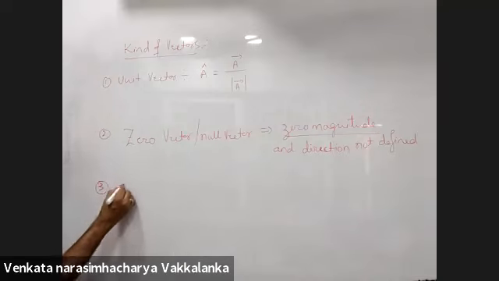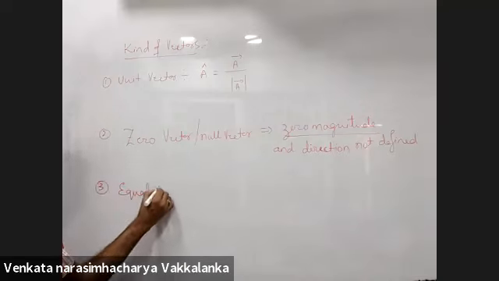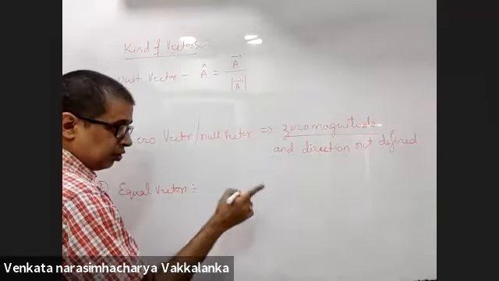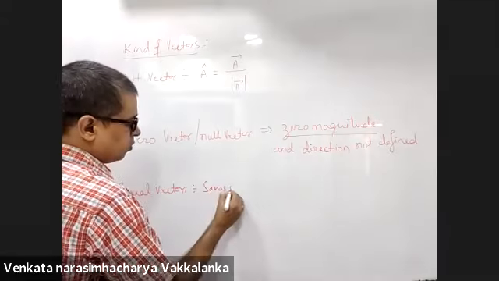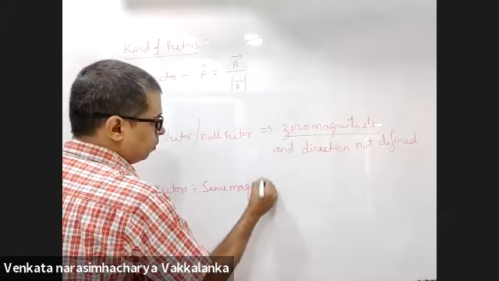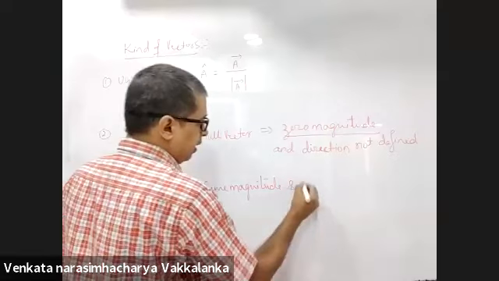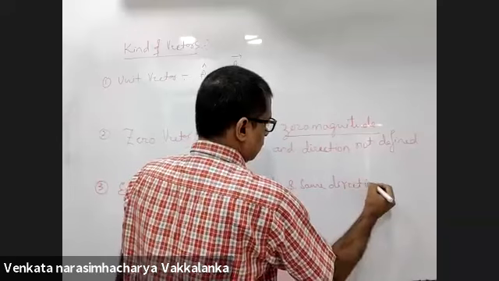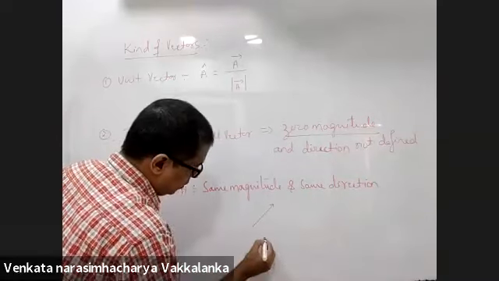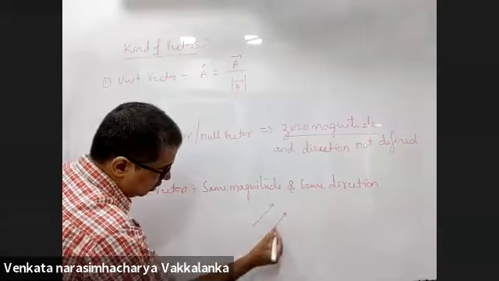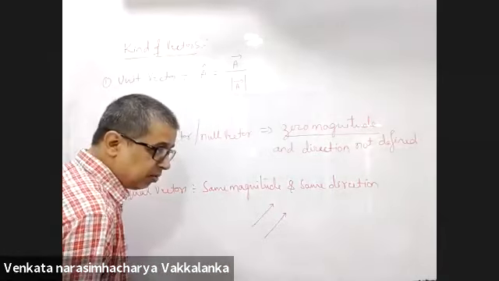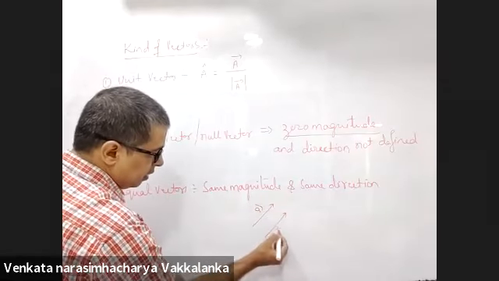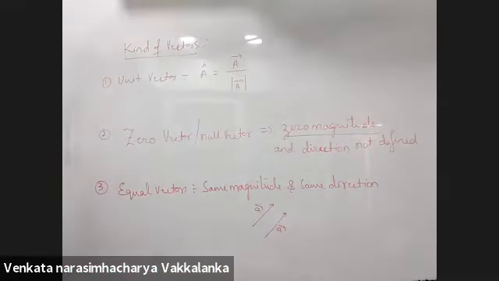Equal vector. Same magnitude, same direction. Two vectors are considered to be equal if they are of the same length and in the same direction.